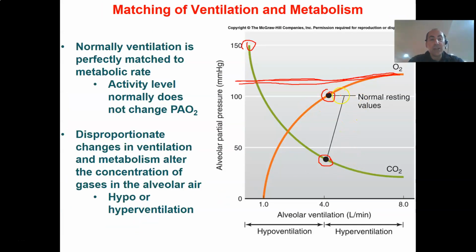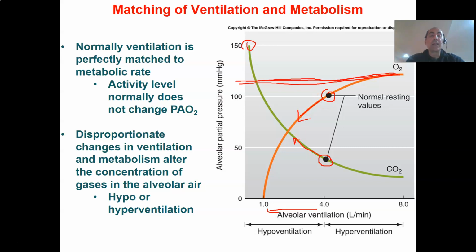As you hypoventilate in this direction, what ends up happening is you move up this curve, so you increase the amount of CO2 and you decrease the amount of oxygen.